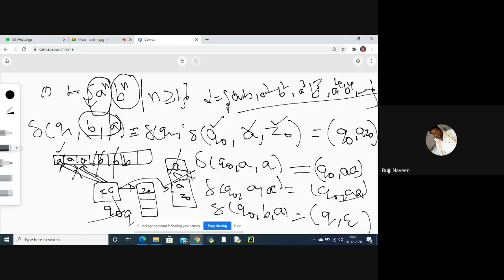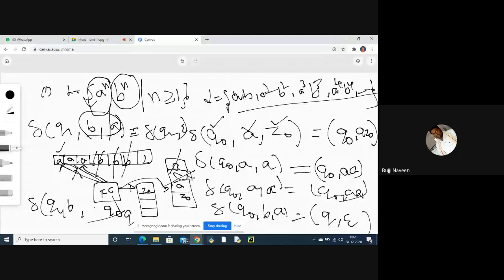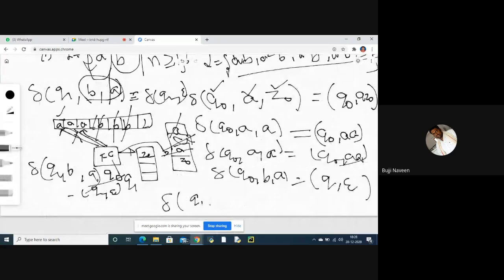The last symbol, q1, comma b, comma a, is equal to q1, comma epsilon. So it is also eliminated. Third b is also eliminated. Next we have delta of q1, comma epsilon, comma Z0 is equal to qf, comma accept. This is the final push-down automata for the language L = a^n b^n.